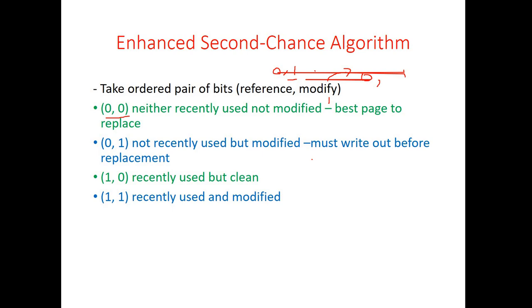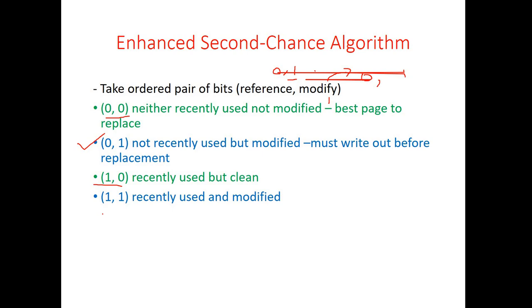for saving the changes. So the order of preference for page replacement is, first we look for the 0, 0 combination, and if it is not available, then we look for the 0, 1 combination of pages, and if it is not available, then we try for a page with the reference bits 1, 0.